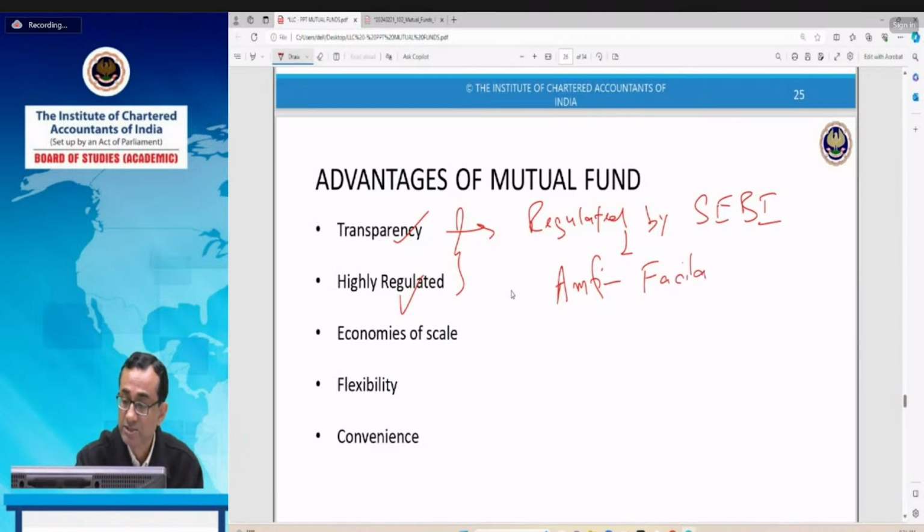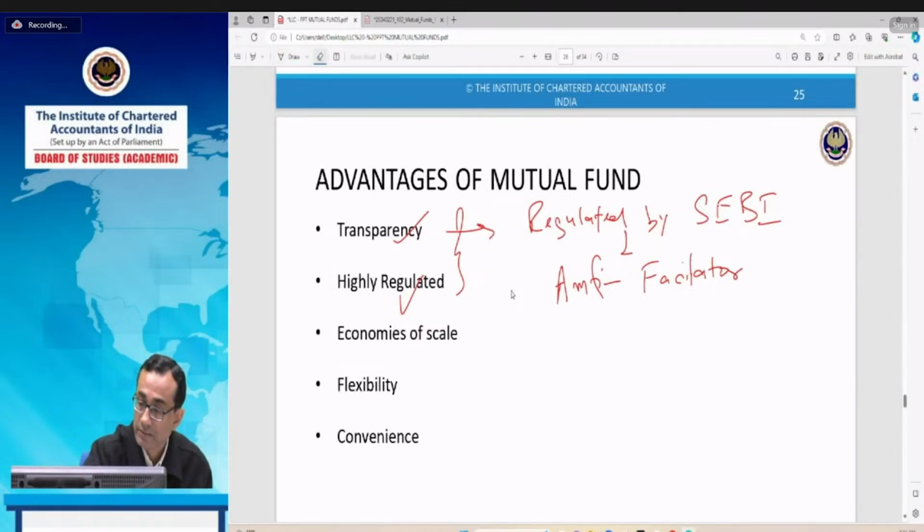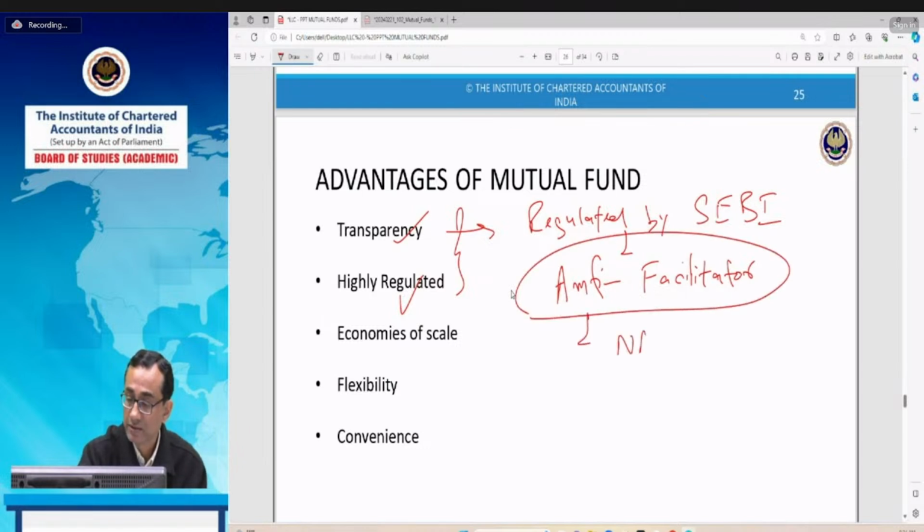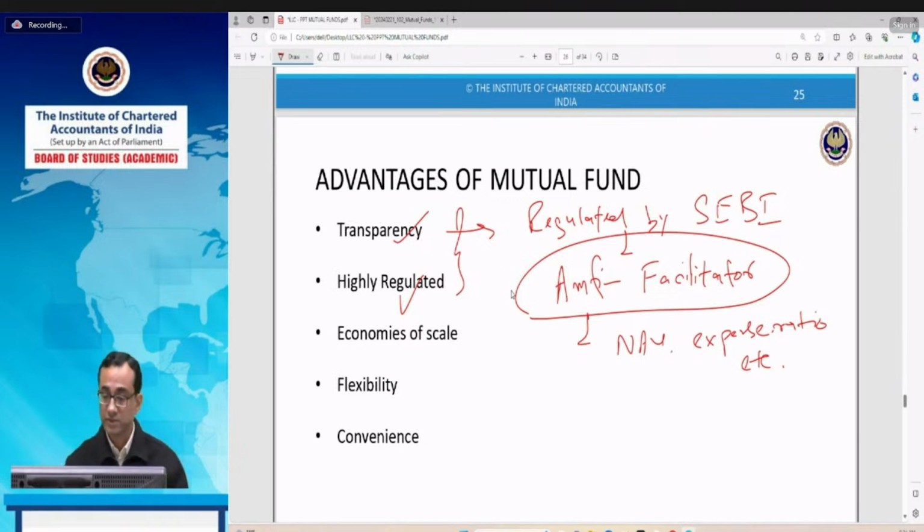So AMFI is basically the facilitator, and all the information regarding NAV, expense ratio, close-ended mutual funds, open-ended mutual funds, all this information is given on the AMFI website and they are continuously updating the NAV, net asset value.